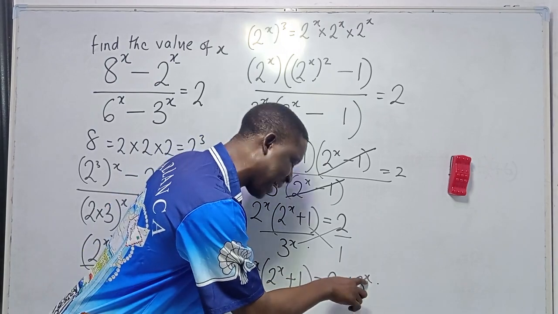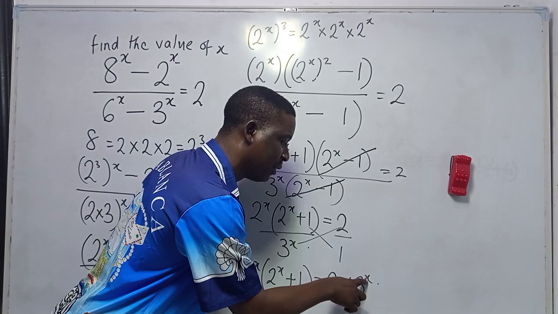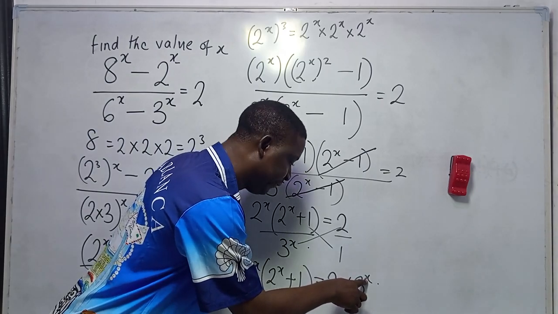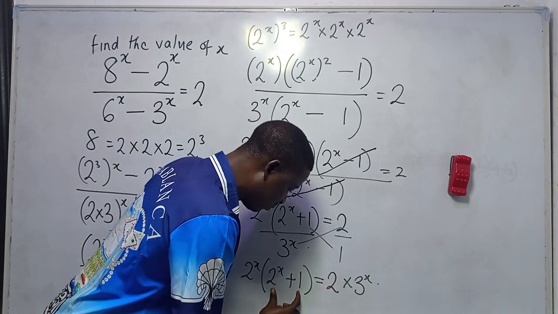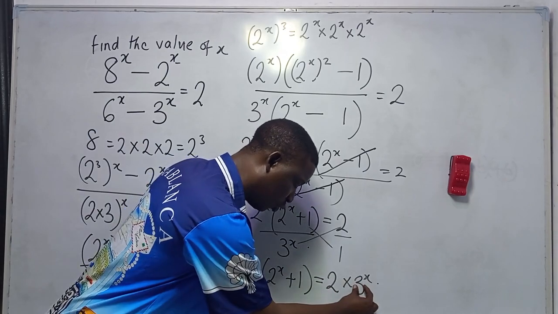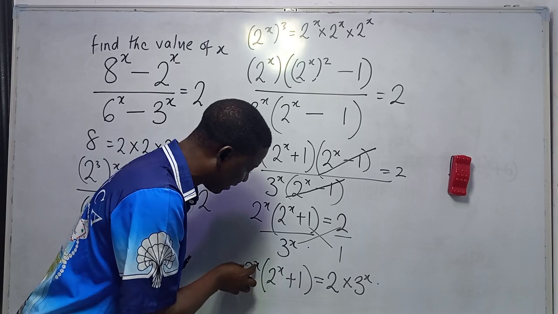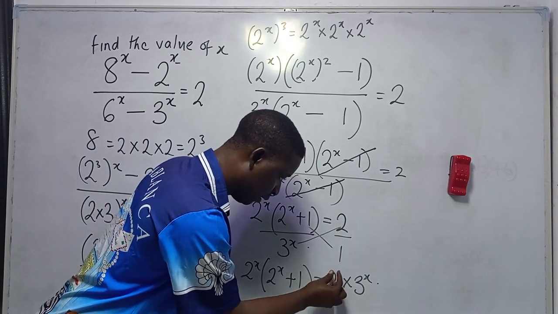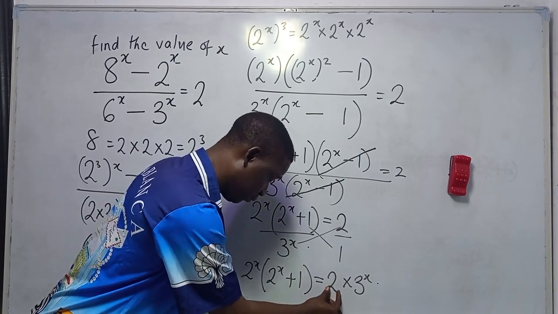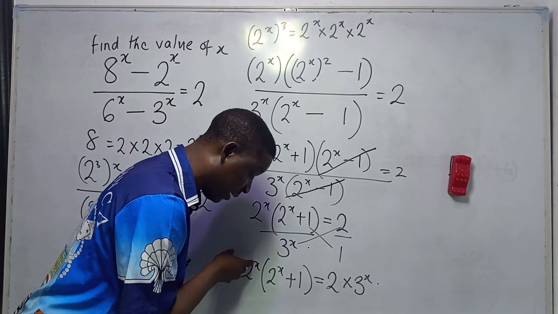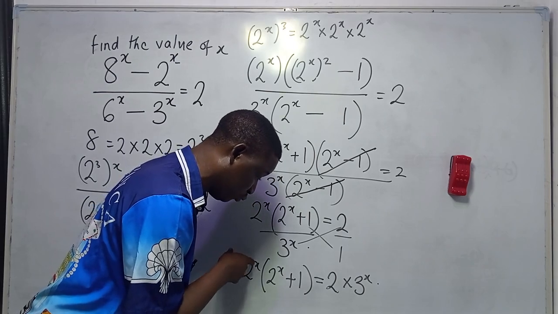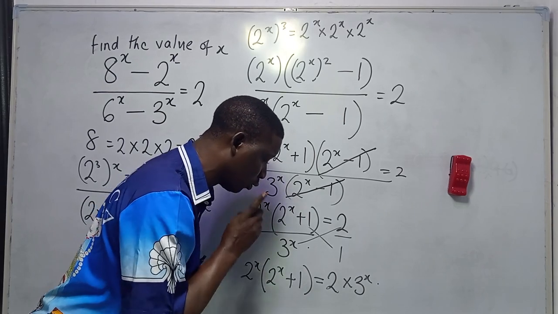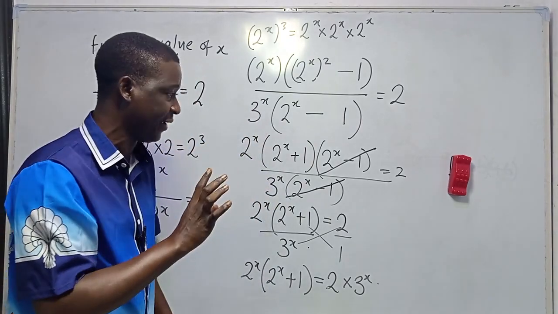Whether 1, 2, this place must be an odd number. This is even no matter the value you put here. This is even number no matter the value you put here. So this is already even, no matter the values of x that you are going to put.